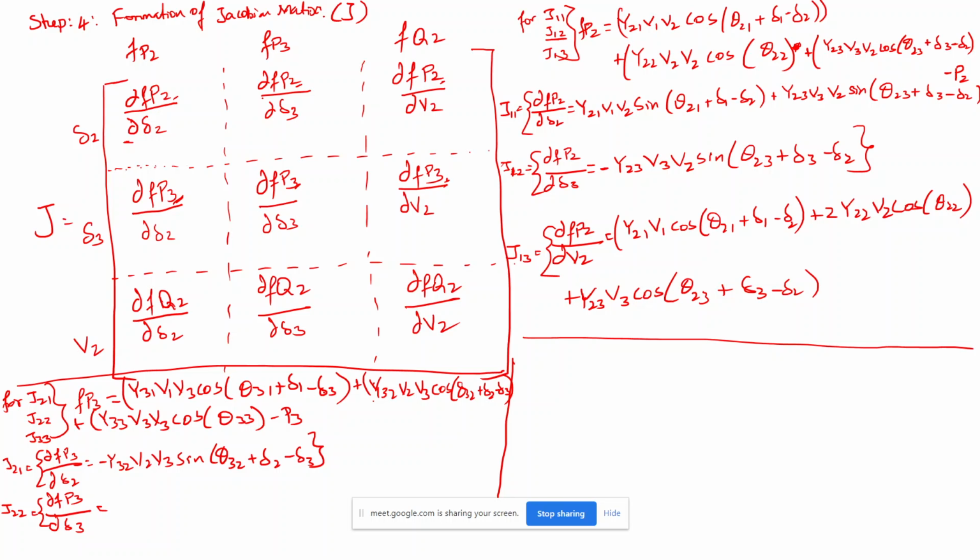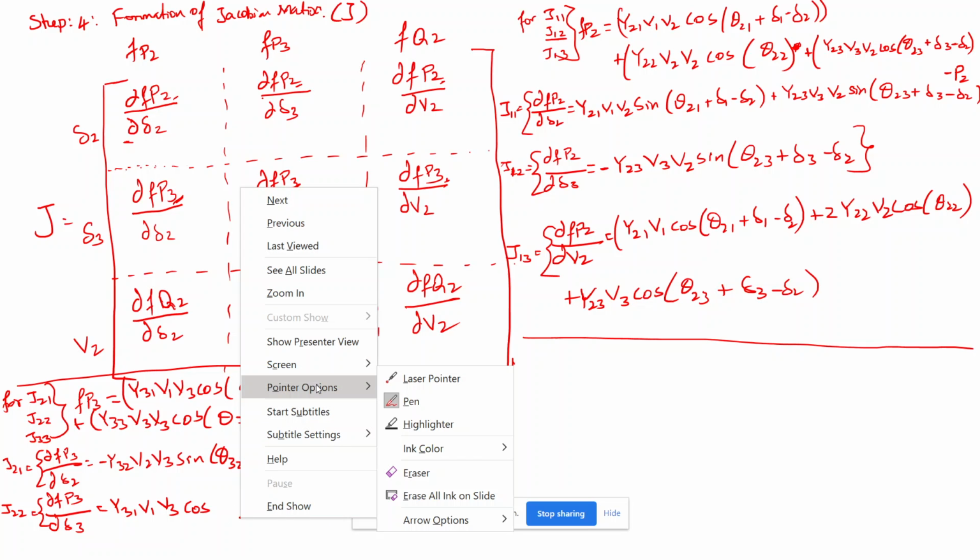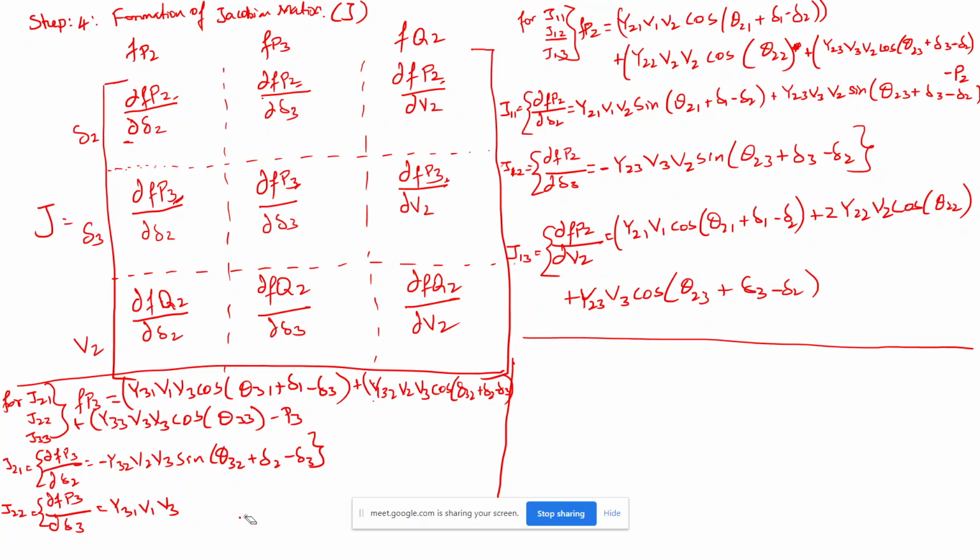This delta 3 has minus here, so I will get plus Y31 V1 V3 sine theta 31 plus del 1 minus del 3, and then here also we can see delta 3 is there, again it is minus, so I will get plus Y32 V2 V3 sine theta 32 plus del 2 minus del 3. I will get this.